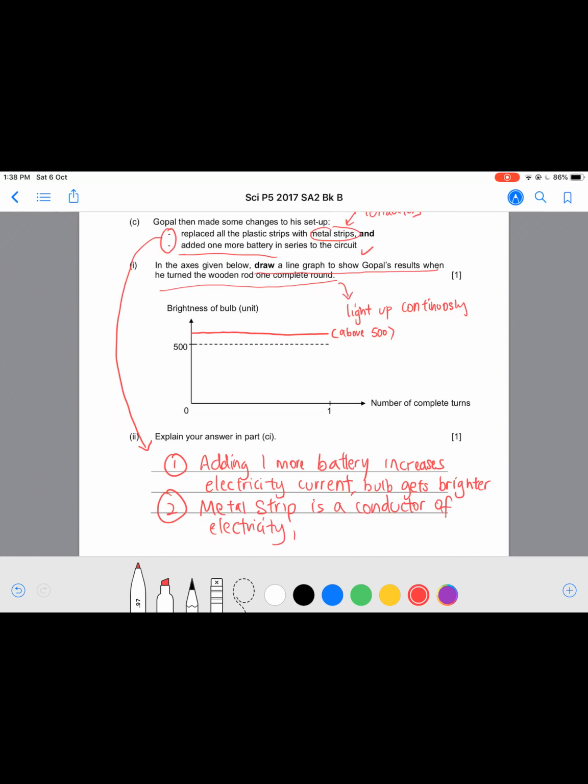Closed circuit for electricity to flow. So these are the keywords that need to be in. Okay. Next.